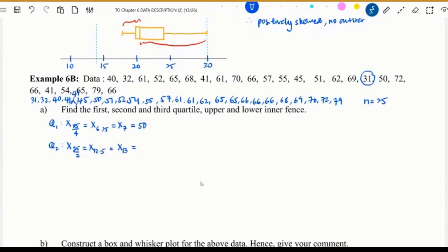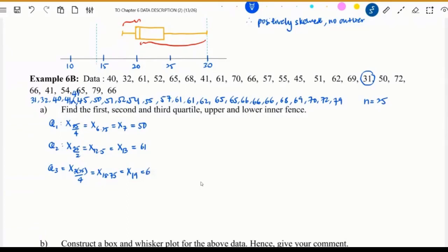So 13, which is 61. And then the third quartile, where we have x 3 times 25 over 4. So we're gonna have 18.75. So it'll be 19. So yang ke-19 berapa nilai kita? Which is 66, isn't it?